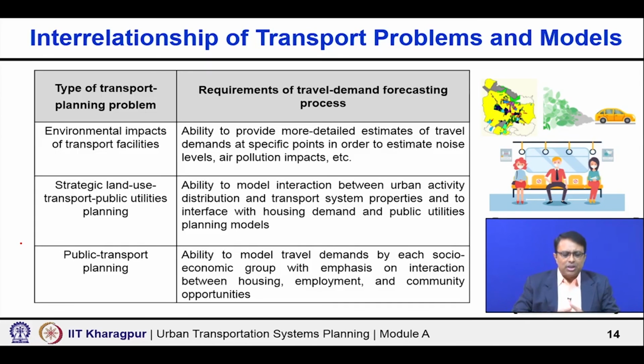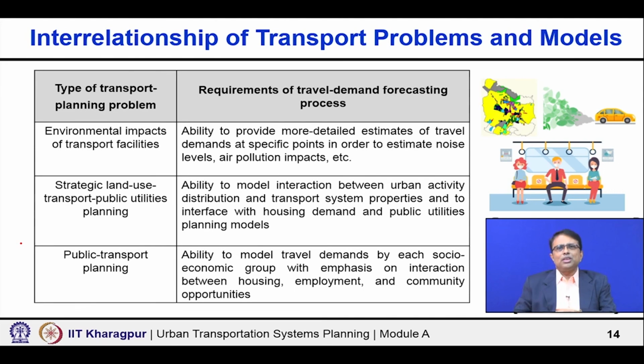If you come to public transport planning, then we need the ability to model travel demand by each socioeconomic group, high income, low income, everybody may not use the bus. We also need to make the bus attractive to bring back the choice riders, or the car owners, to the bus system.